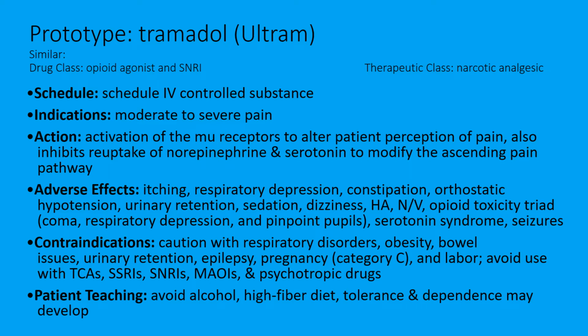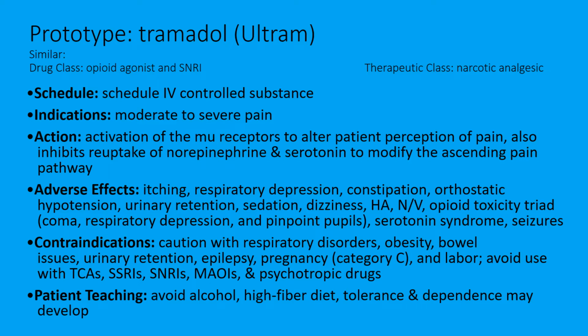Just if you know one opioid, you know them all. Okay. All of these are super common with any opioid: morphine, fentanyl, hydromorphone, codeine. They all cause itching. If in excessive amounts, respiratory depression. They all cause constipation. They can all cause hypotension, urinary retention. They can be very sedating and cause dizziness. Nausea and vomiting are super common with opioids.